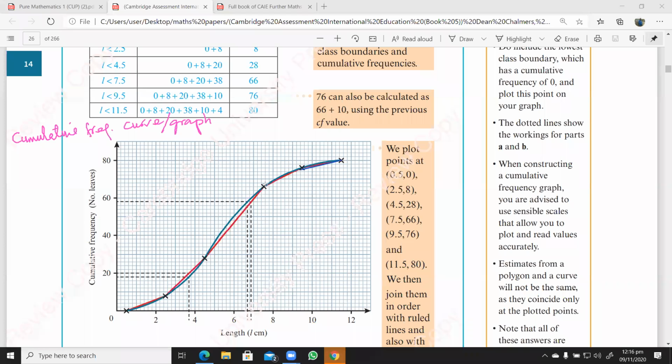This point is joined with this point, and then this point over here is joined with this point. So rather than drawing a freehand curve, you use a ruler and join the consecutive points through a line, and that is how you get that cumulative frequency graph. Now let's see if we can really draw a curve.